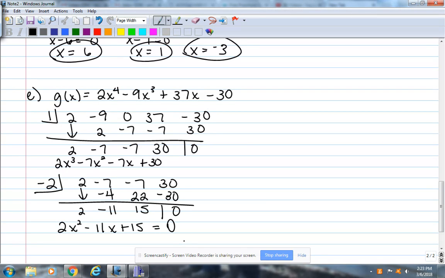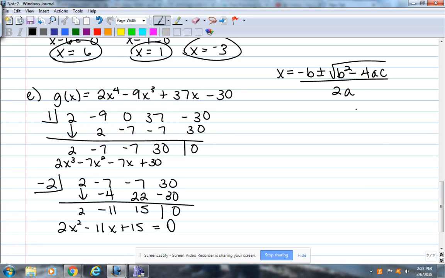Now we could try to factor that, and I think it will work, but I'll have to do the long way. It does work. But I'm going to do quadratic formula just because I haven't done one with quadratic formula in today's lesson. And just to make sure we remember quadratic formula and how to work it, x equals negative b plus or minus radical b squared minus 4ac divided by 2a.